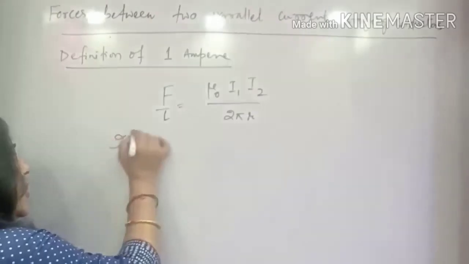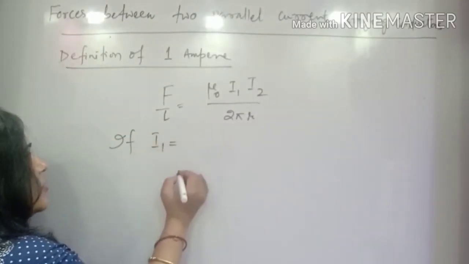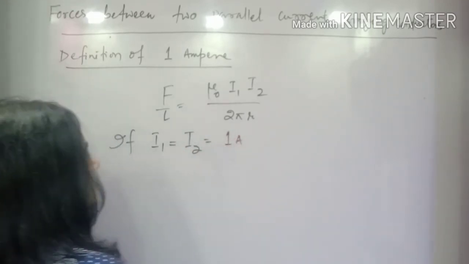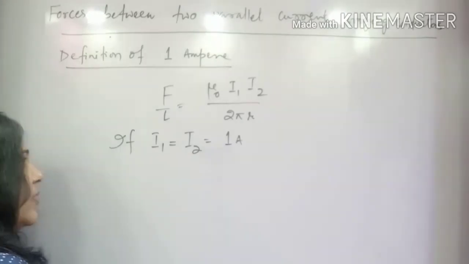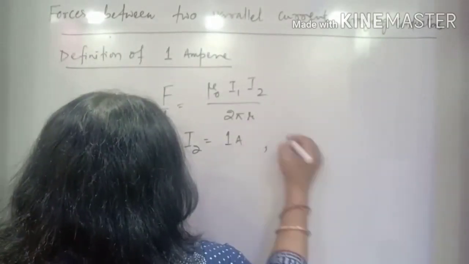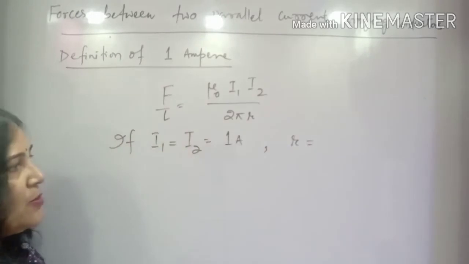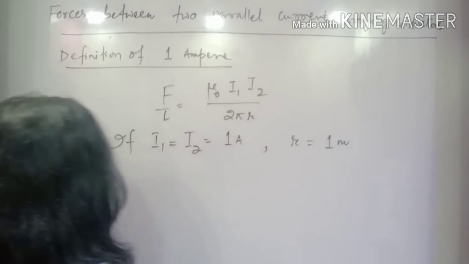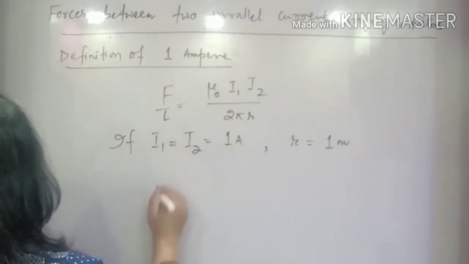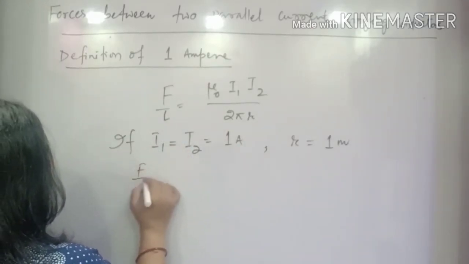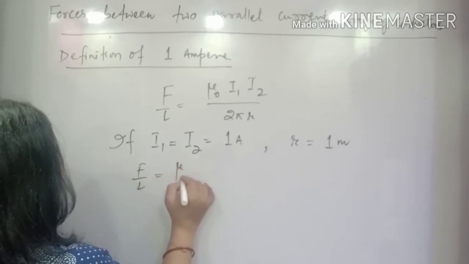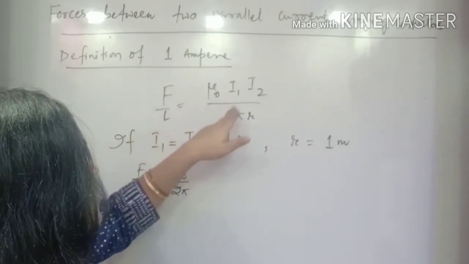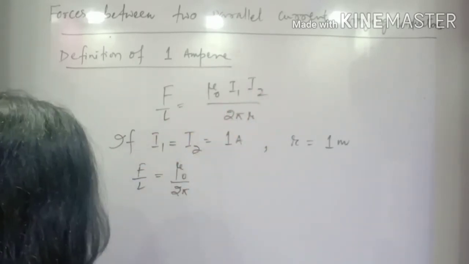Now if I take I1 equal to I2, and both are taken as 1 ampere, and this R, which is the distance of separation between the two parallel conductors, is taken as 1 meter, then in that case force per unit length F by L will be equal to mu naught by 2 pi, because I1, I2 and R I have taken as 1.